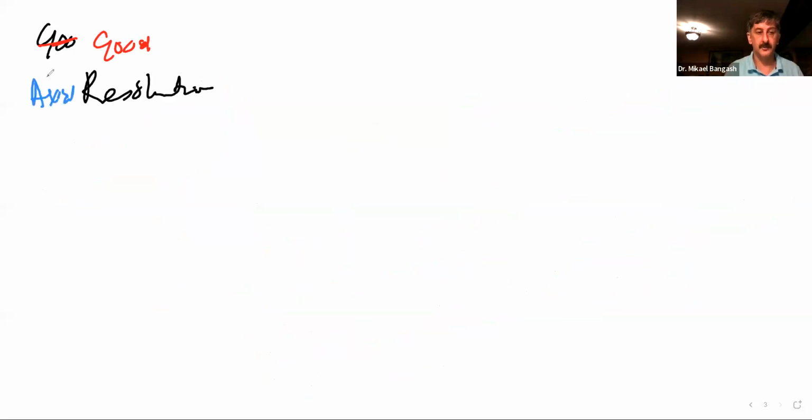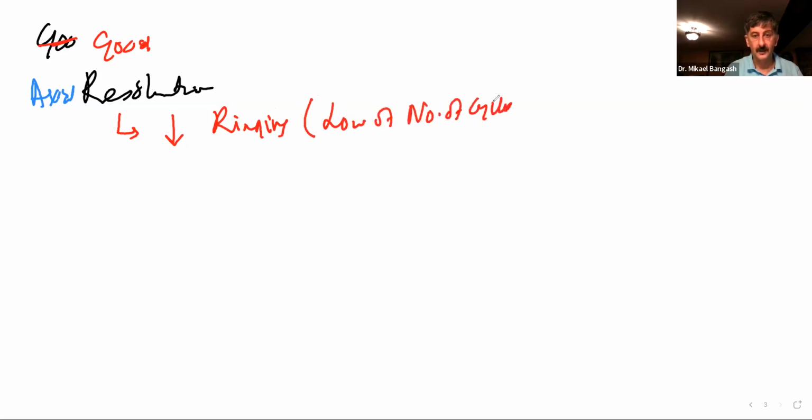Axial resolution. What did we need for a good axial resolution? We needed less ringing, which we may just say as a low number of cycles per pulse.